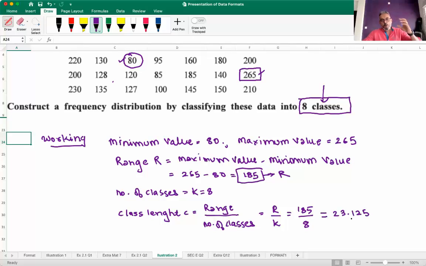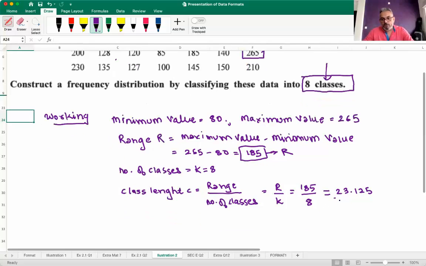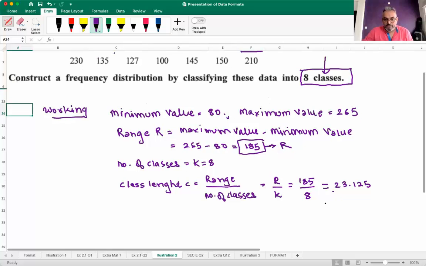Now see, taking 23 as a class becomes a bit difficult because calculation and the difference of 23 everywhere becomes a bit difficult. So we round off to multiple of 5 or multiple of 10. Here we will round off this 23 and take it as 25.